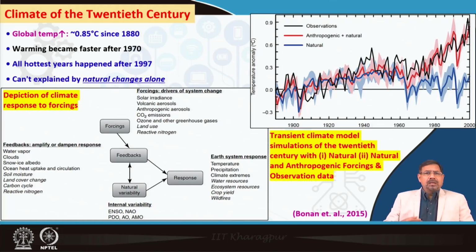In turn, let us first also utter a few words in terms of the internal variability, as we have discussed already in the 7th lecture: the ENSO, El Nino Southern Oscillation, the NAO and the PDO, AO and MAO. These also go as the internal variability, and then the responses.